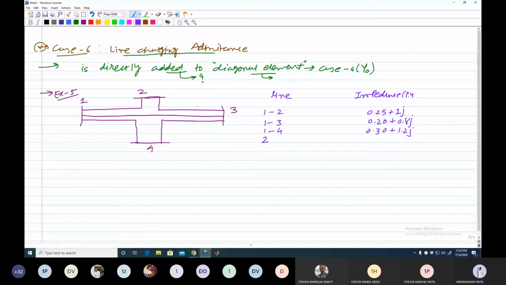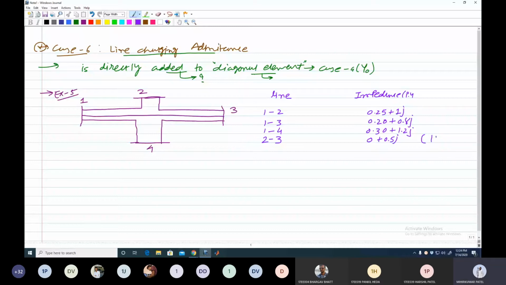Then between bus number 2 and 3, 0 plus 0.5J, where a transformer is connected with transformation ratio of 1:1.02.